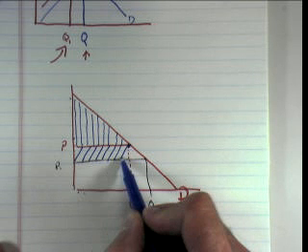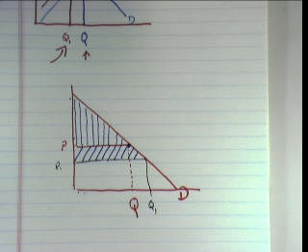So I've got an enhanced consumer surplus. I've delivered more of something I want, and I'm willing to buy more of them because the price has gone down, and so the consumer surplus has increased.